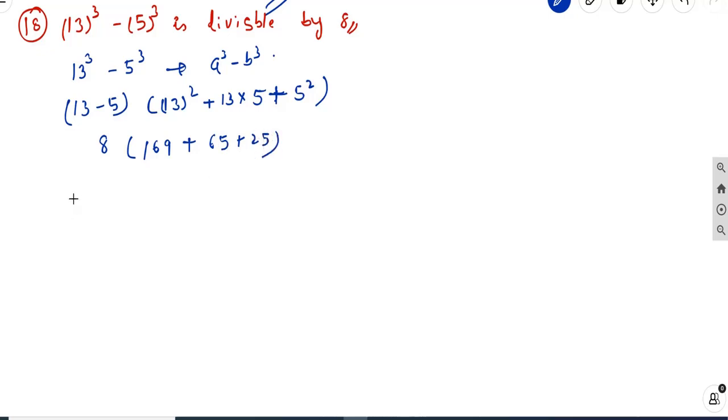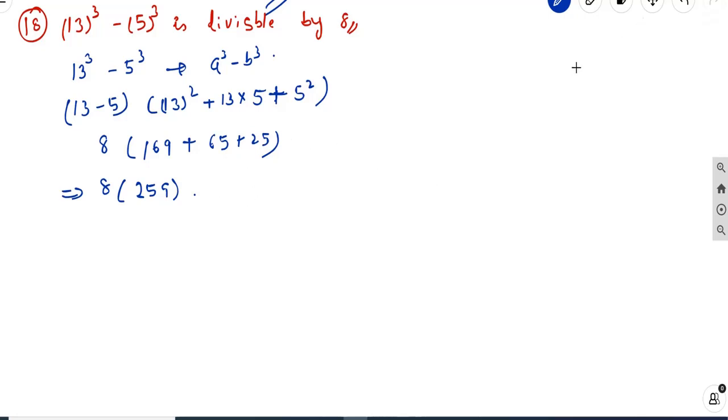Okay, one more step if we write 8. If we add all the terms, it's going to be 259. Now if you see here, in this term you have a factor of 8. If you have a factor of 8, that means it is divisible by 8. If you want, you can check it out here: 8, divide and see.